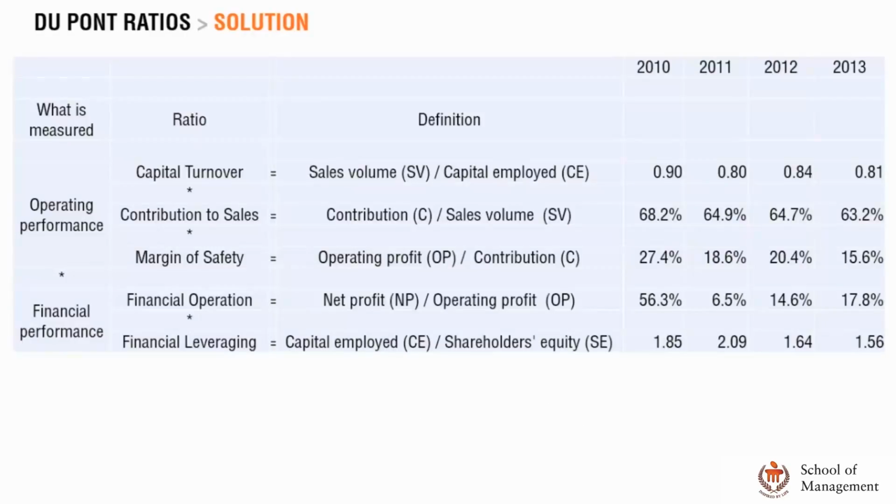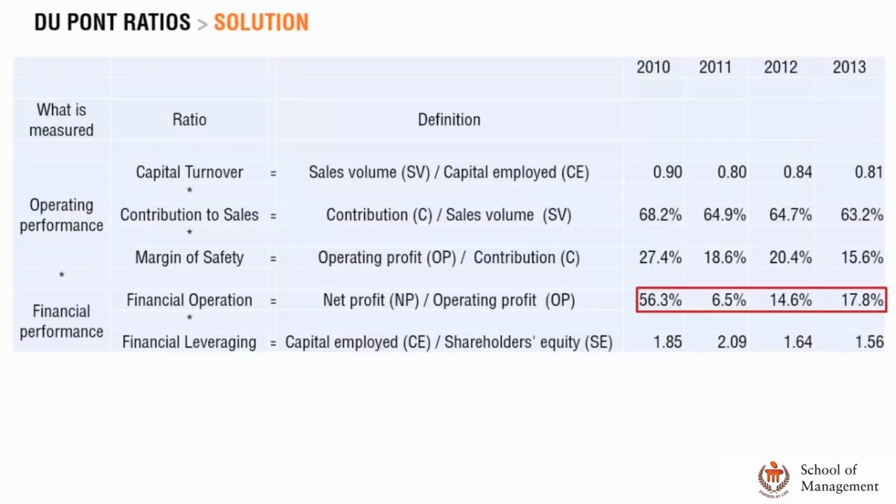We now come to the financial operations ratios and the financial leveraging ratios, which will tell us about the financial performance of this company. How has this company done in respect of its financial decisions? First, we take the financial operations ratio, which shows the net profit as a percentage of operating profit.